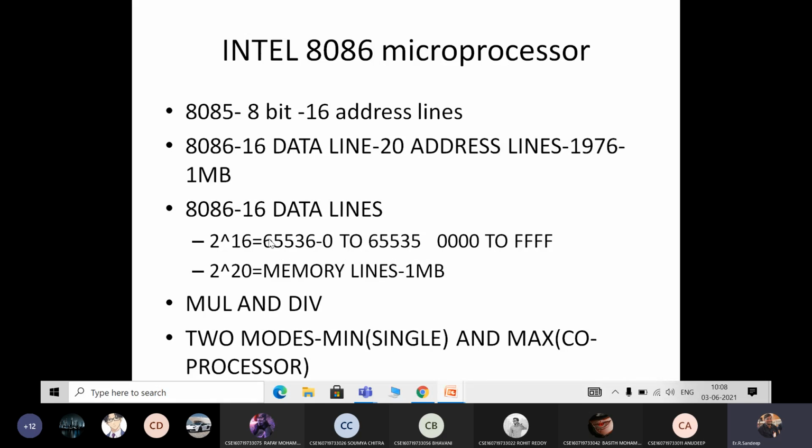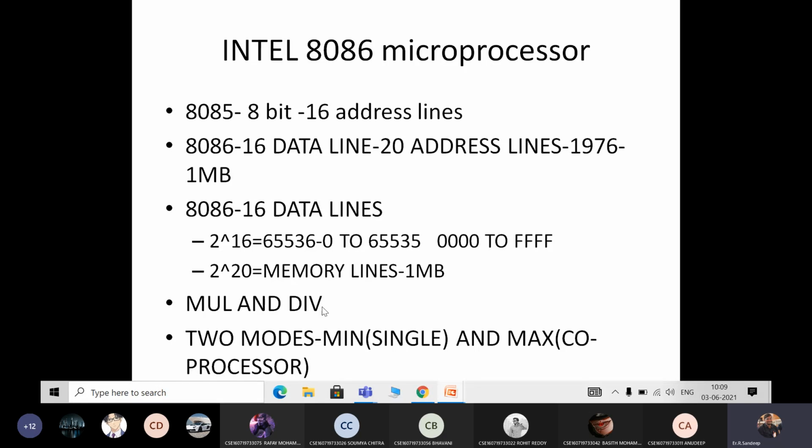These are the completely available values for the data lines, and within this range we can assign values. We represent them in hexadecimal as 0000 to FFFF, where F is equivalent to 15 in hexadecimal.